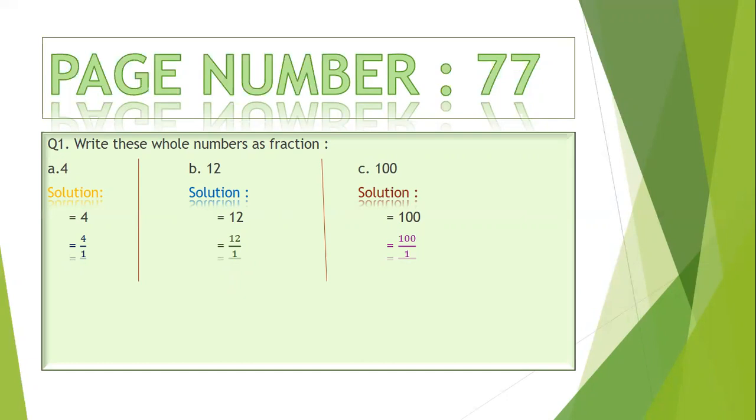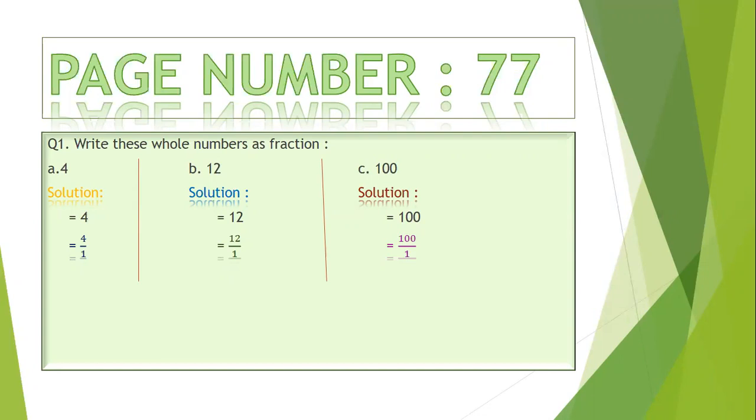Then 12 over 1. Fractions mean we have one number in the numerator and one number must be in the denominator. So all the whole numbers can be written in the form of the fraction because we can write 1 in the denominator of each whole number. 12.